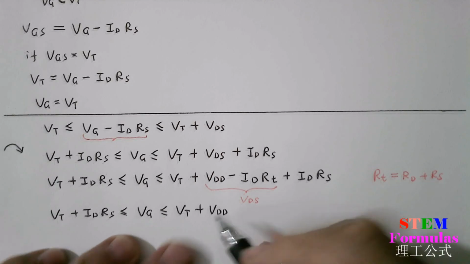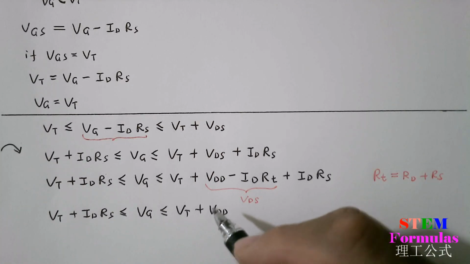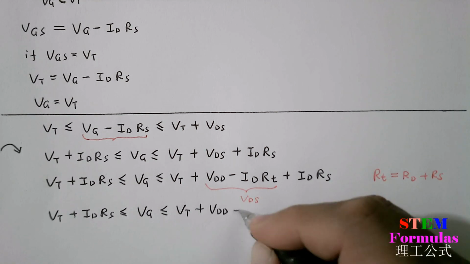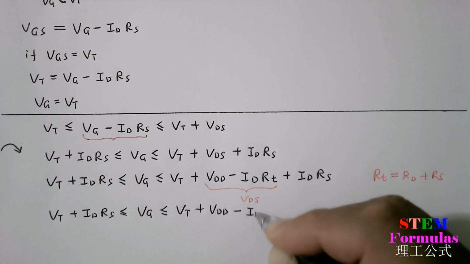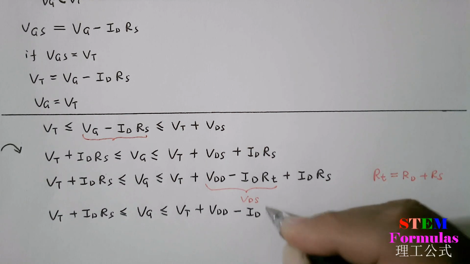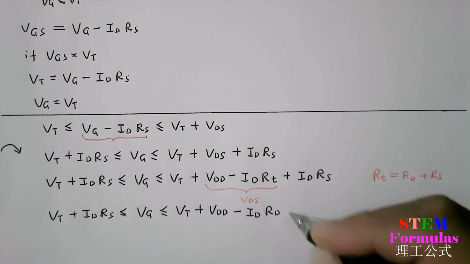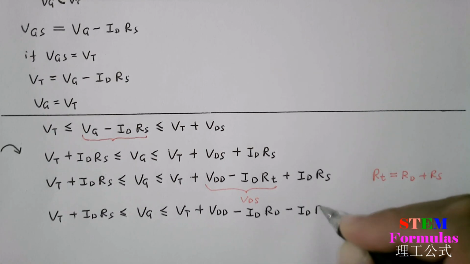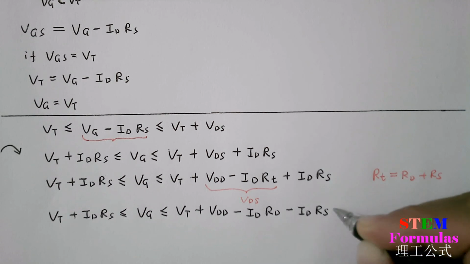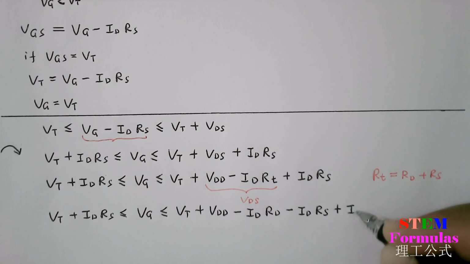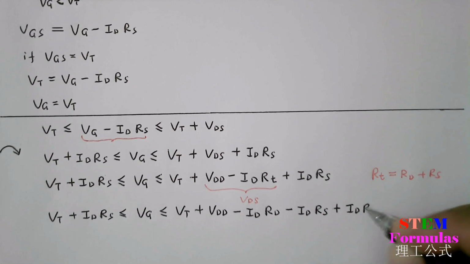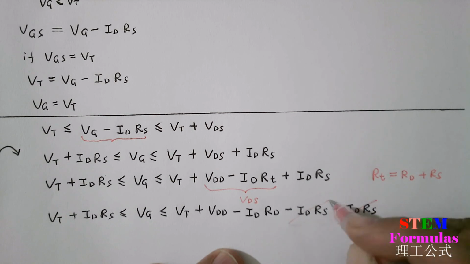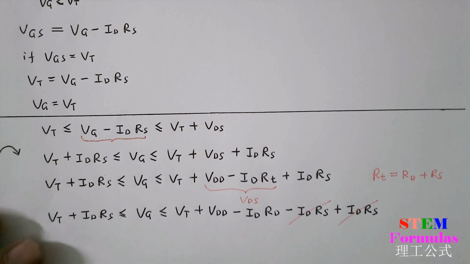So therefore, I can write VT plus VDD minus ID RD minus ID RS plus ID RS, and this term cancels with this term.